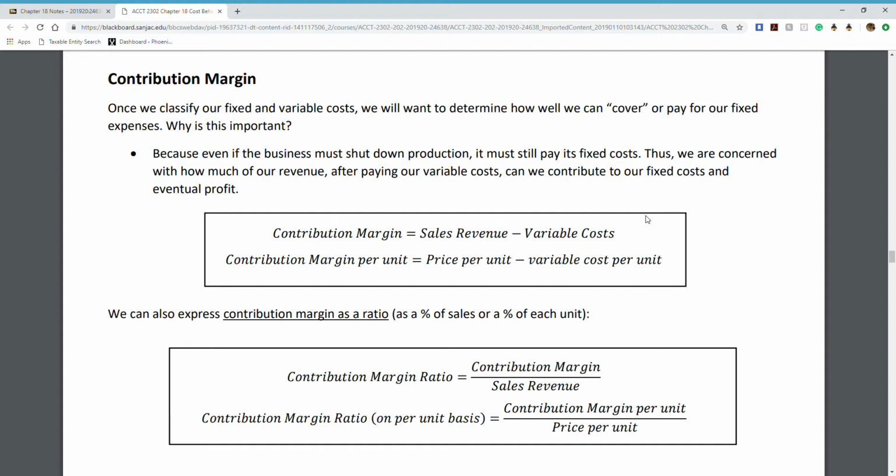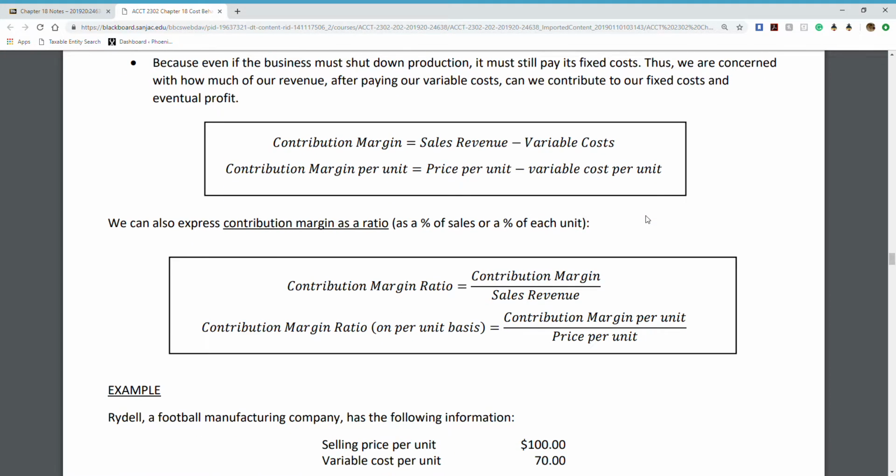And then we have contribution margin per unit. So you've got to watch out where the problem is stated. Per unit is price per unit minus variable cost per unit. From there, we're able to find out how much is contributed to our fixed cost and eventually profit, if we have any.